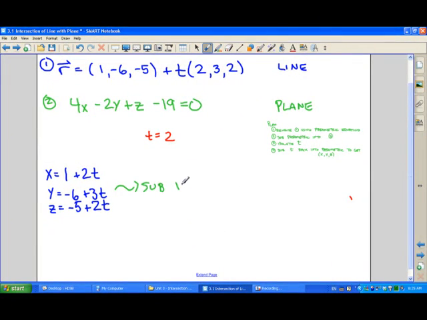My very last step now is to sub in t equals 2 into my parametric equations. And this is going to tell me my point of intersection, if one exists.